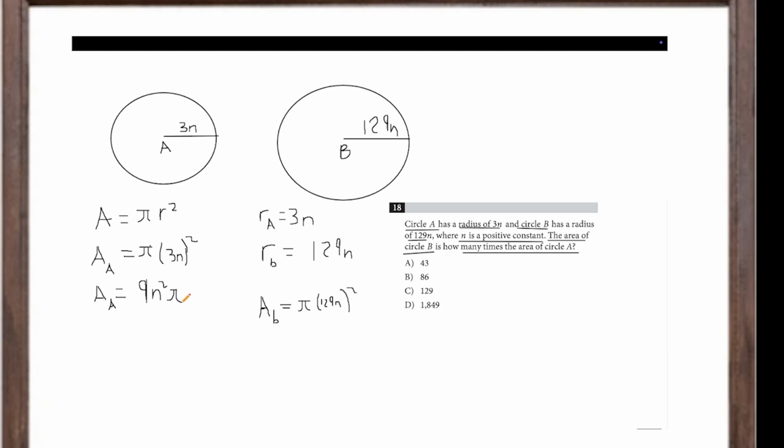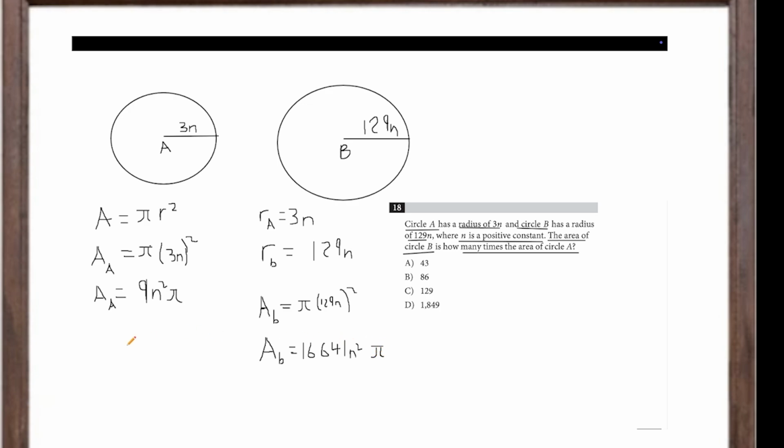Now we're going to do the same thing for area B. Area B is equal to 129 squared, which is 16,641. And we're going to have our n squared times pi.